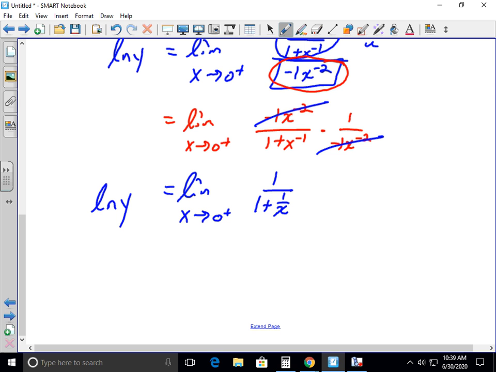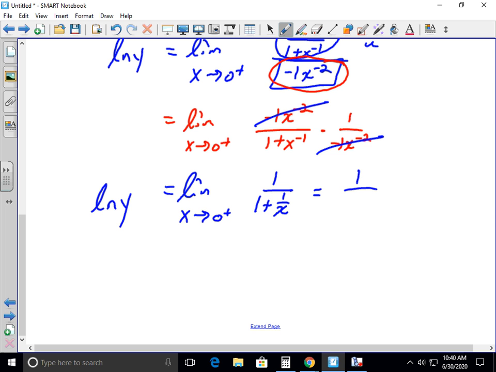Now, it would be tempting to say, oh, let's do L'Hopital again, because the derivative of the top is 0. But is this going to be indeterminate? And the answer to that is no. If we let x go to 0, the numerator is 1. What about the bottom?